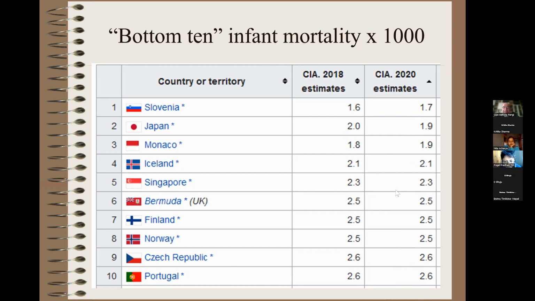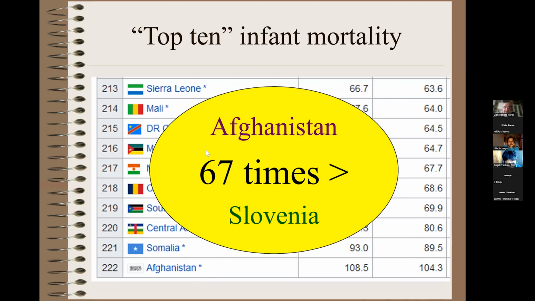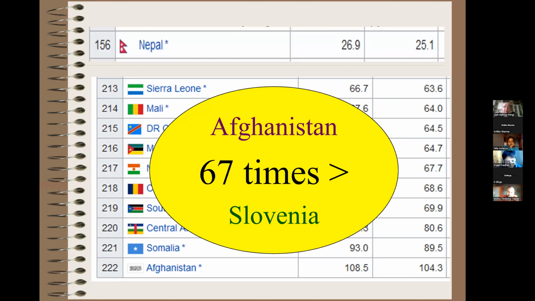If we go on the other side of the scale, we see that numbers are awfully higher. All of them, apart from Afghanistan, are in Africa, unfortunately. And the difference we are speaking of is 67 times from the bottom to the top of the scale. This is absolutely intolerable as a difference that we have to deal with.